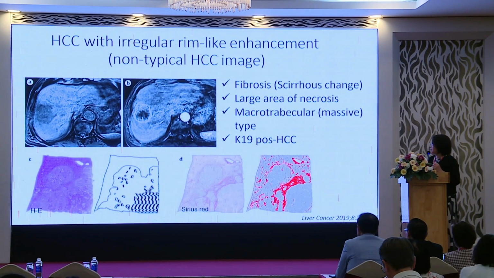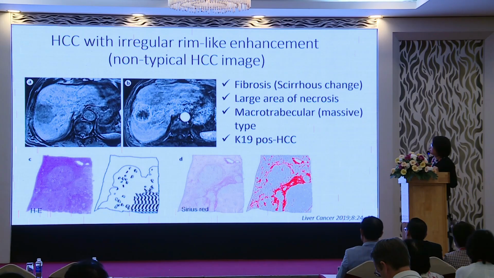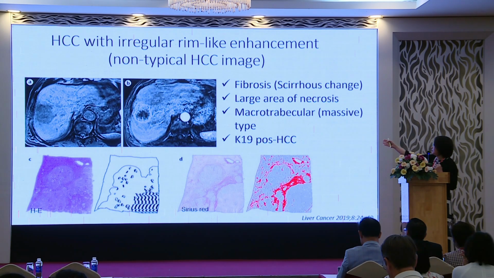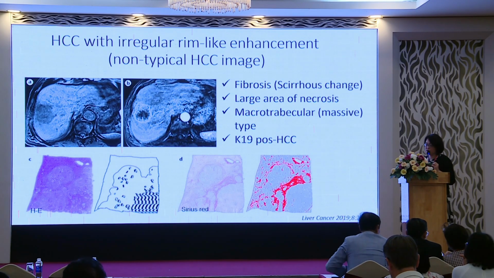And also, this is a very important point, that these highly malignant aggressive phenotypes of HCC often present non-typical HCC imaging, as you can see here. Usually, hepatocellular carcinoma shows a hypervascular lesion in the arterial phase and washout in the portal phase. But as you can see here in picture B, you see only rim enhancement in the arterial phase. That's what we call non-typical HCC imaging by the definition of radiology.